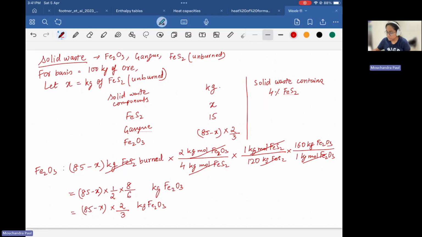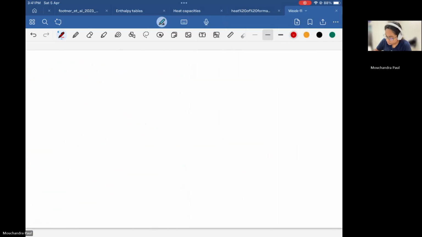So this means 0.04. So we can form an expression in terms of x, and using that you can get the value of x. So 0.04 is equal to x, where we considered x to be the amount of FeS2 unburned.